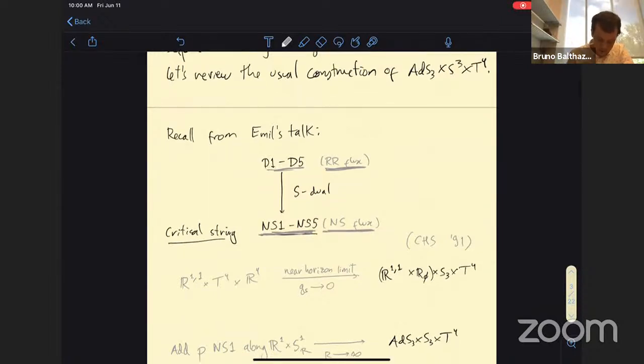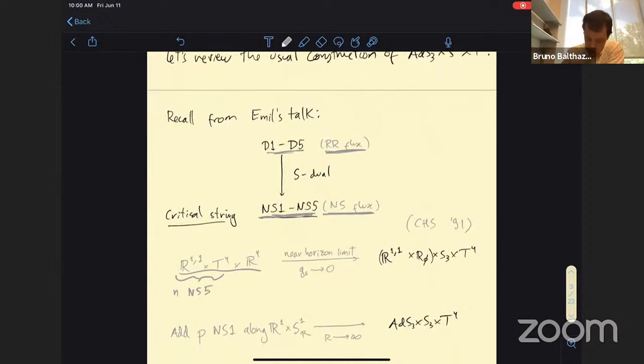So we can consider, for example, R^{1,1} cross T4 cross R4 and place N NS5 branes on the R^{1,1} cross T4. When you take the near horizon limit by sending the string coupling to 0, you arrive at the background given by R^{1,1} cross R_phi times S3 cross T4, which is the usual CHS background.